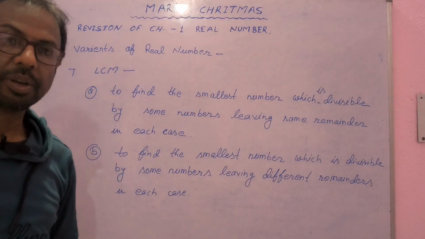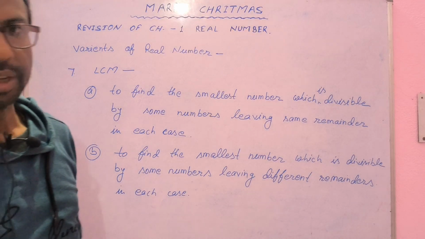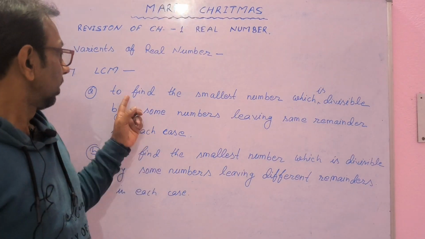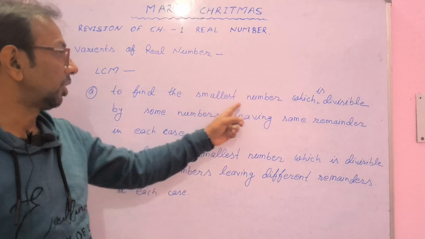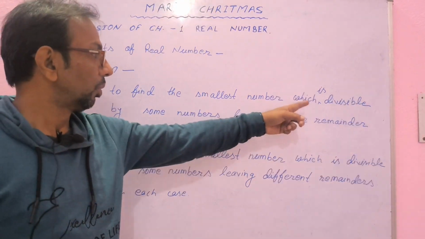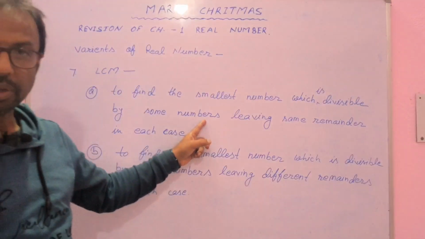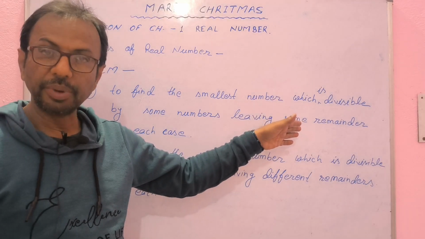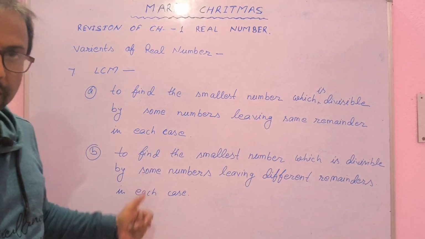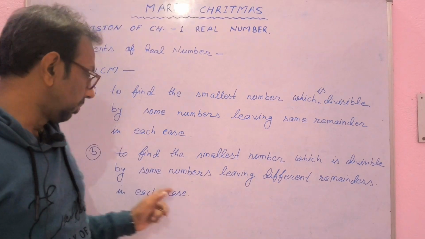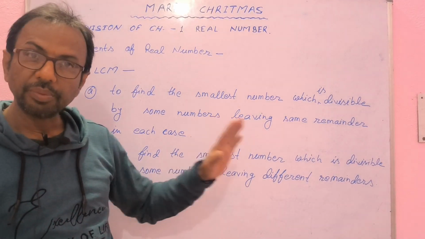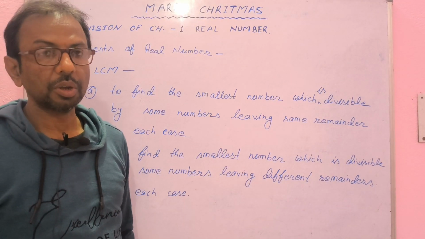In variant number 7, the questions are related to LCM. These two variants I have written regarding LCM: to find the smallest number which is divisible by some numbers, leaving the same remainder in each case, and the second variant, to find the smallest number which is divisible by some numbers, leaving different remainders in each case.